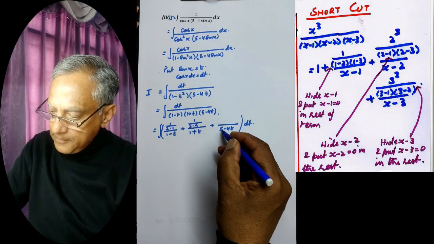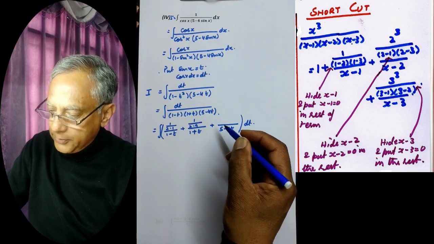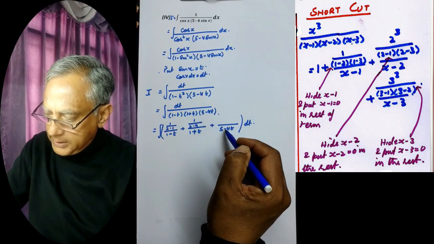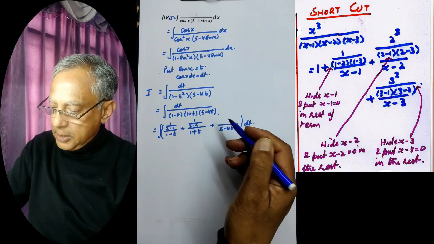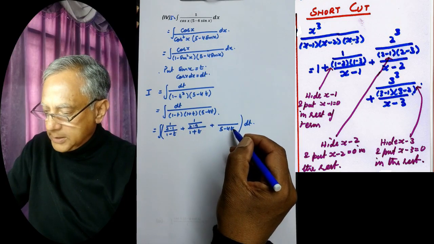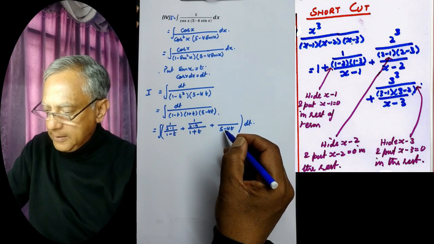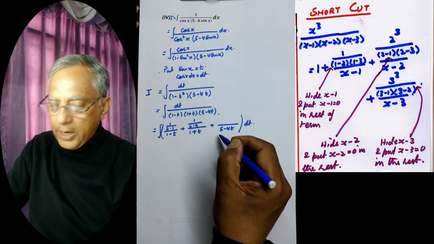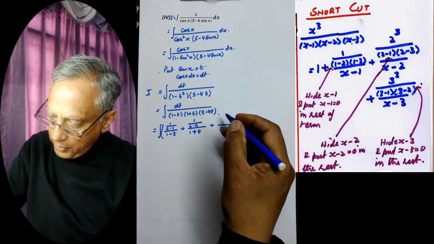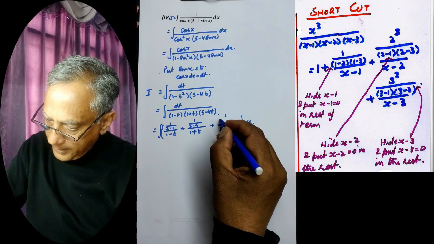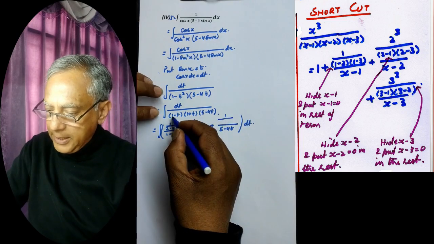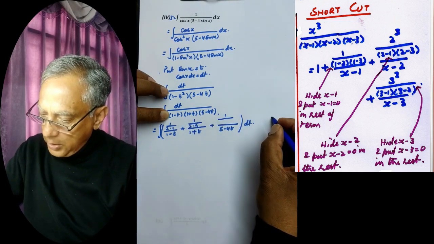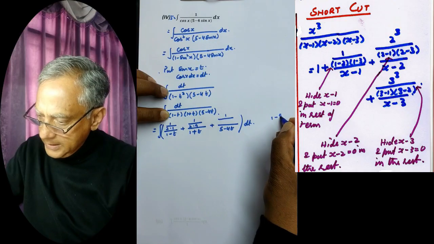And next is 5 minus 4t. We will hide this and put this equal to 0 in the rest. When we put this equal to 0, we will get t equal to 5 by 4. So we will get 1 over 1 minus 5 by 4.